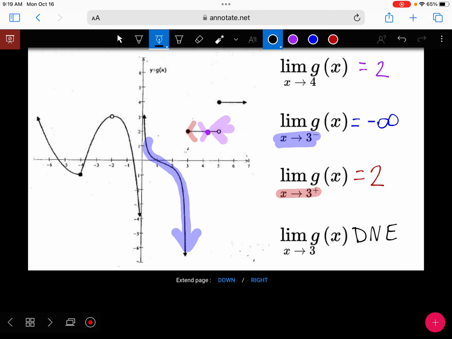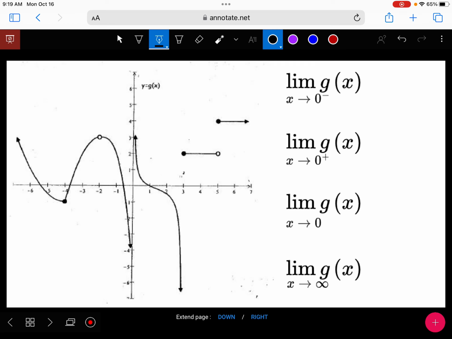So the limit does not exist. Questions on those 4? Because they're kind of weird. Okay.